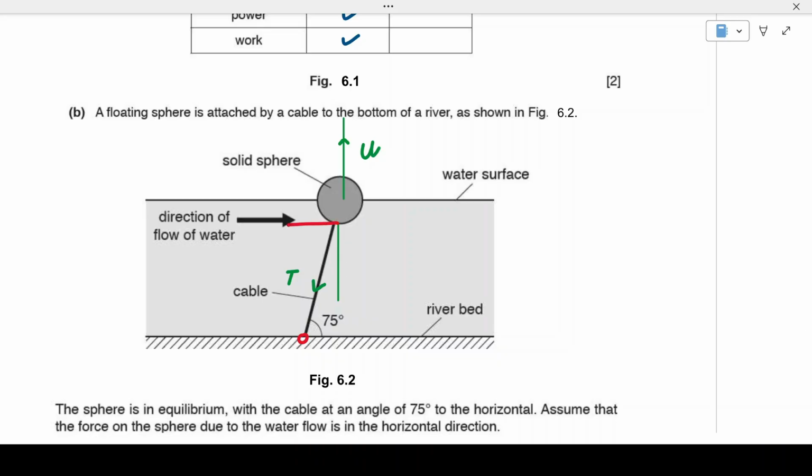If we draw the two components of this tension, then we know these two angles will be equal. This angle would also be 75 degrees. Now the component connected with the angle would be with the cos. Component not connected with the angle would be with the sine.